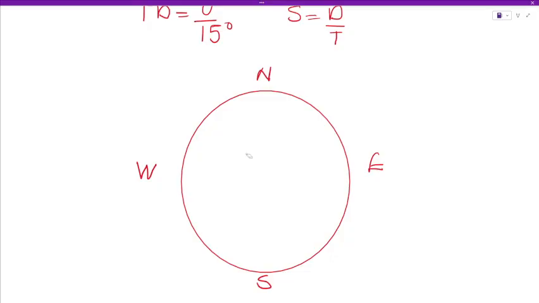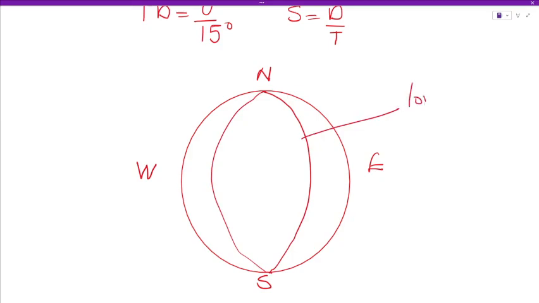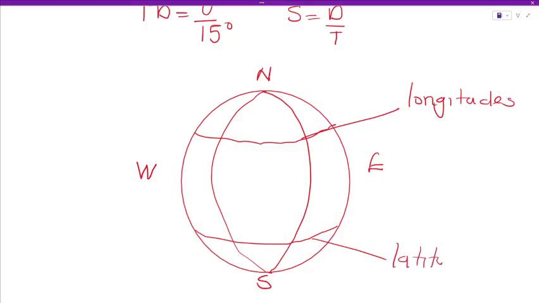When it comes to the globe, lines that run from north to south, what are they called? They are called longitudes. And lines that run from west to east, like this, are called latitudes, or latitudinal lines.